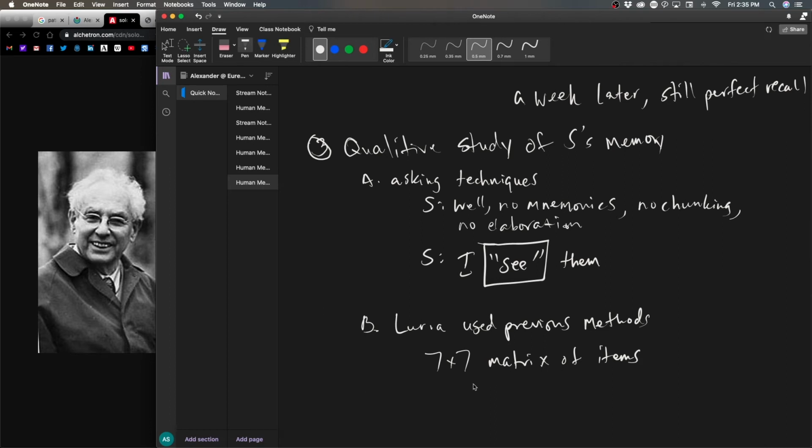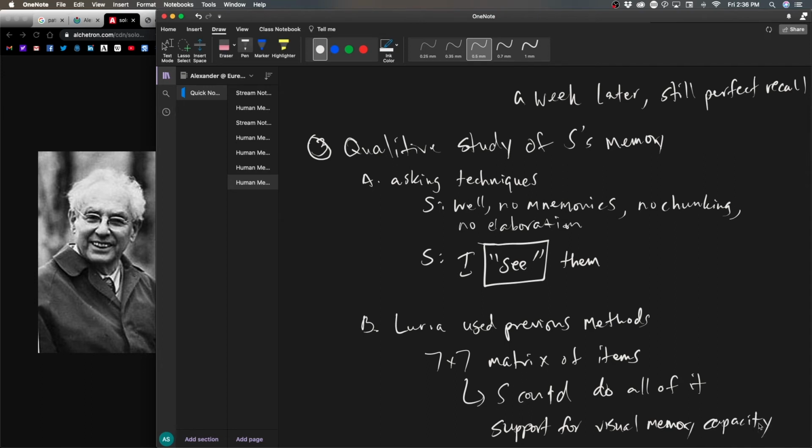And he could do all of it: diagonals, rows, columns, forwards, backwards. So, support for some visual memory capacity, or I should say increased visual memory capacity. Okay.